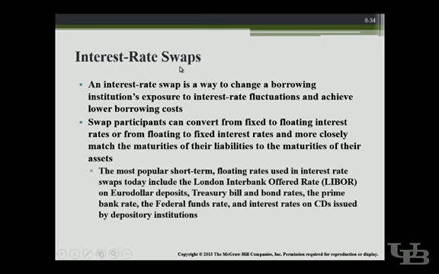Interest rate swaps are also swaps from a fixed to a variable rate, or a variable rate to a fixed rate. If the institution is expecting market rates to fall, and they have a variable rate security where they will lose interest as market rates come down and the value of the securities will fall, the returns will fall, they could easily swap that through a third party with a fixed rate.